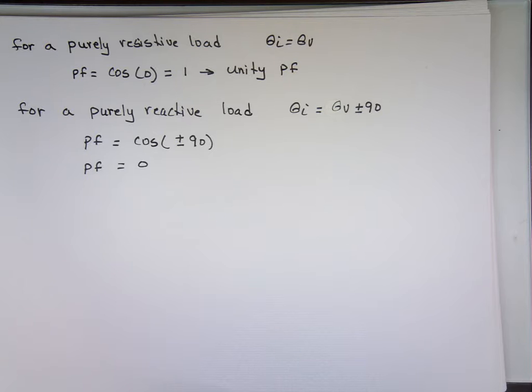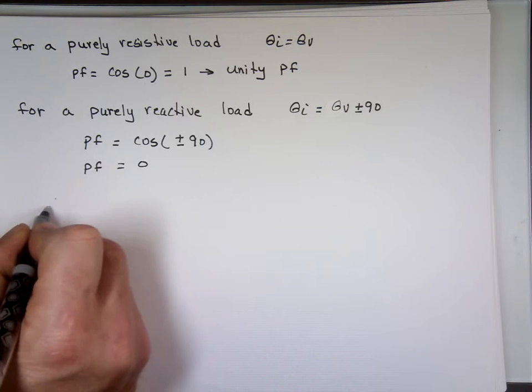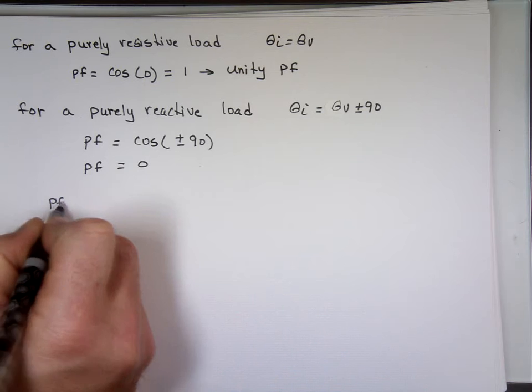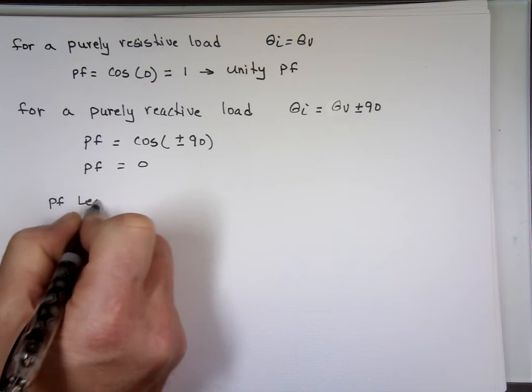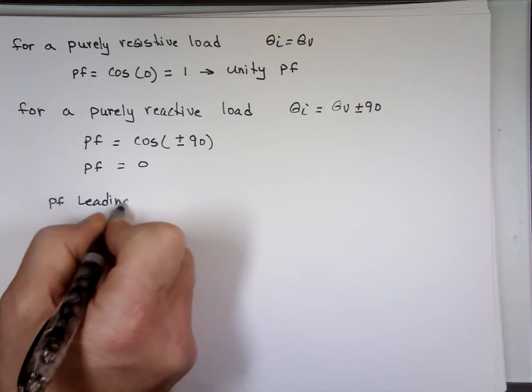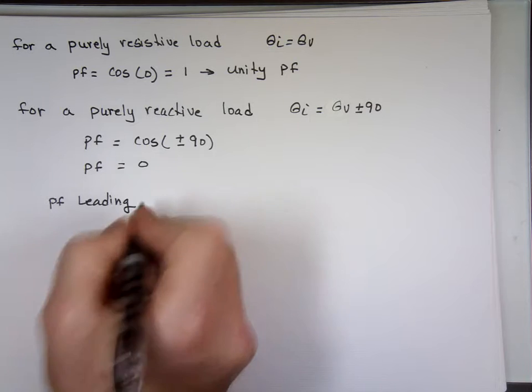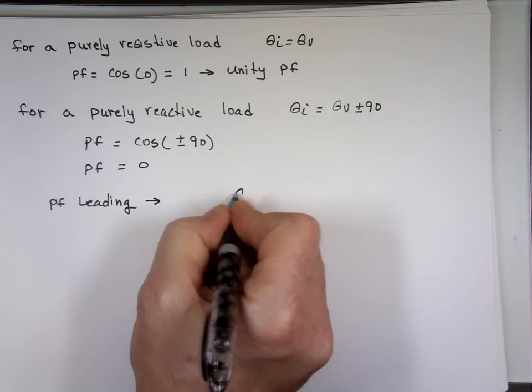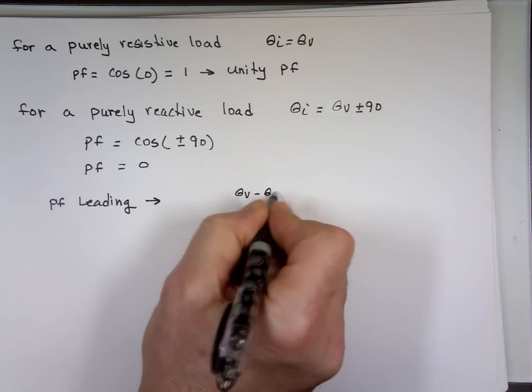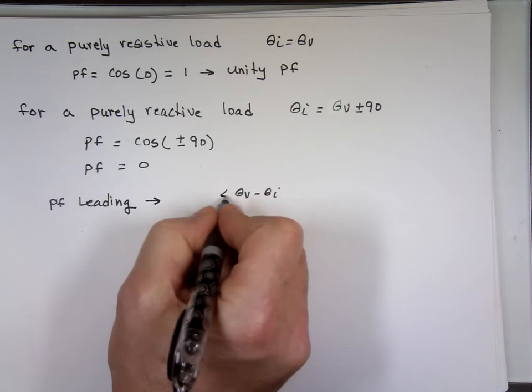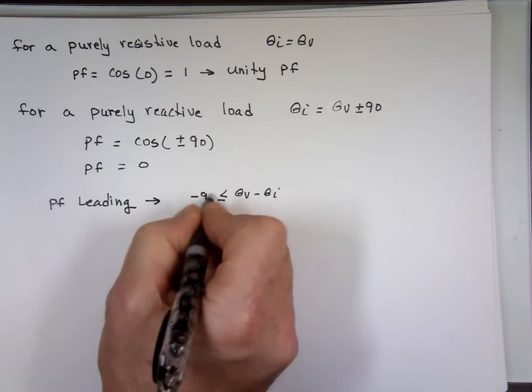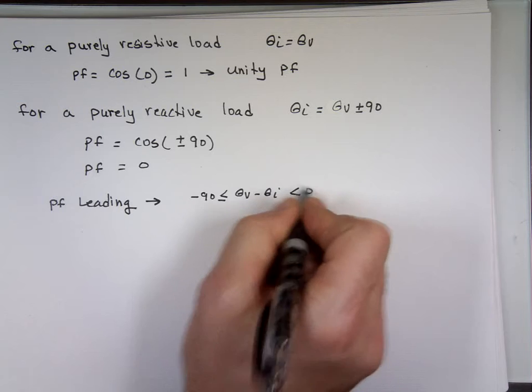Now, when we start talking about power factor, you're going to hear two terms: leading power factor and lagging power factor. How do you know it's leading? That's when theta V minus theta I, the difference between them, is bigger than negative 90 degrees and less than 0. So you have a negative value.